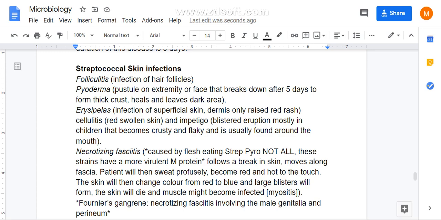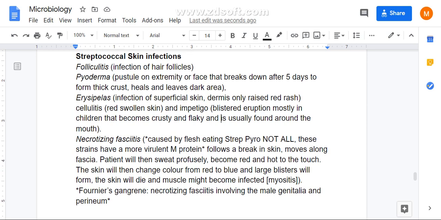The skin will then change color from red to blue, and large blisters will form. The skin will die, and muscle might become infected, and the muscle infection is termed myositis. There is a specific streptococcal skin infection termed Fournier's gangrene. It is necrotizing fasciitis that's localized around the male genitalia and perineum.